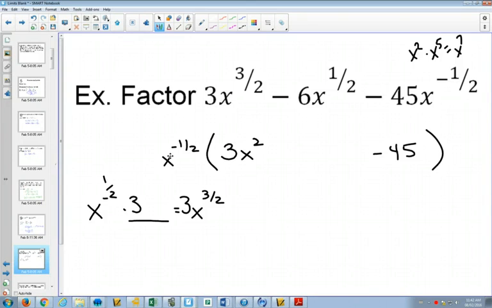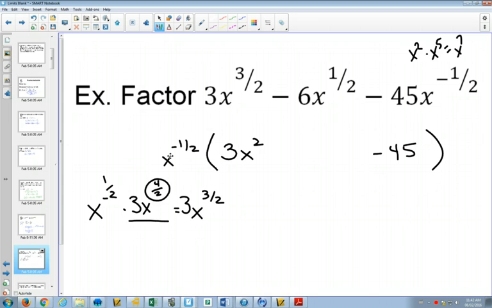So I need negative a half plus something equals 3 halves. Thinking of that as a fraction over 2, so I have a common denominator, it's really negative 1 plus something equals 3. That would have to be 4 halves, which is the same as x squared.